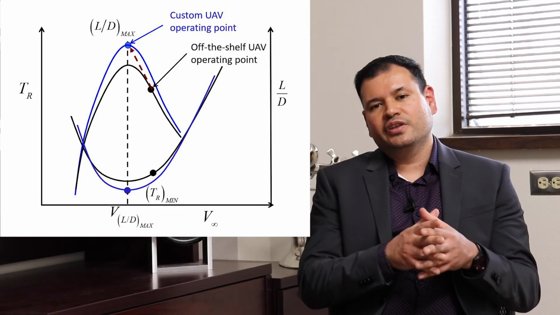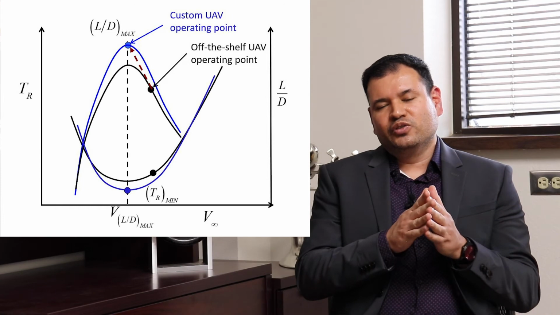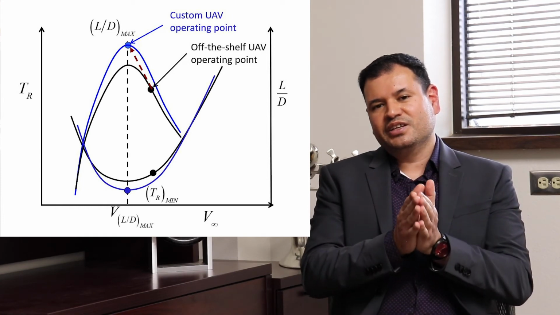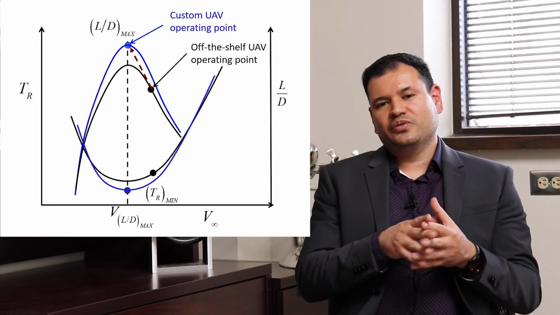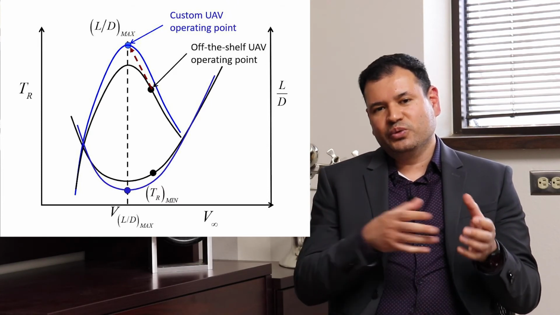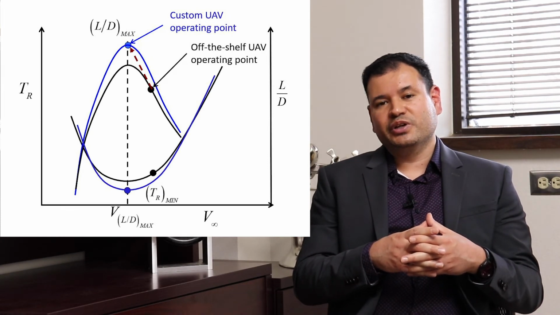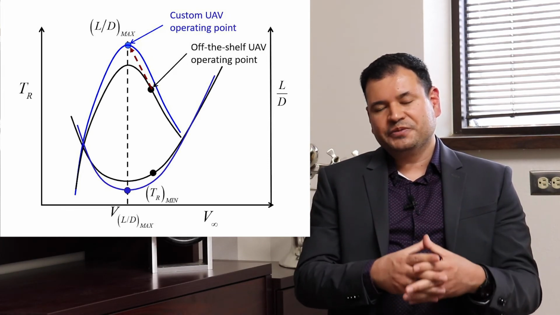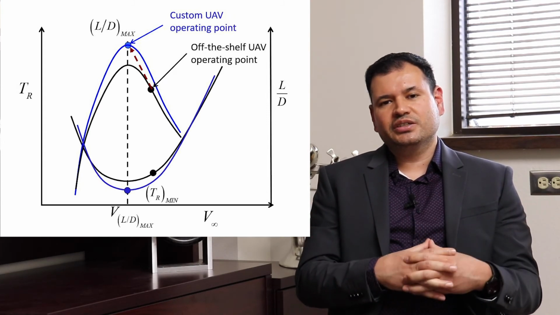The lift-to-drag ratio is a function of velocity, so you want to fly at a certain velocity that gives you a design lift coefficient that coincides with the maximum lift-to-drag ratio of the aircraft. Each aircraft has a drag polar, which is essentially the lift and drag coefficient variations.